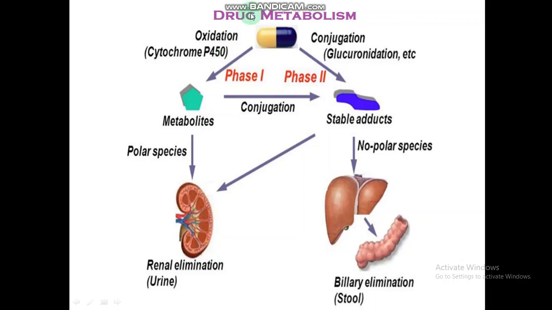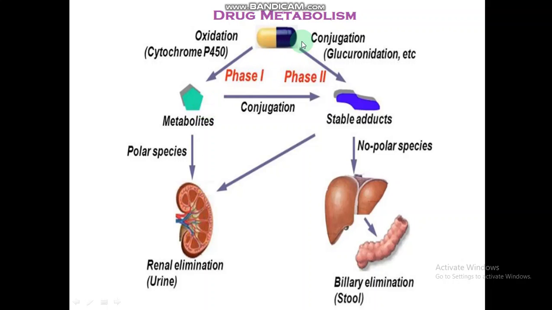Now let's look at what path it will take through drug metabolism. What is drug metabolism? The drug will be oxidized. So it is oxidation of our medicine through cytochrome P450 enzymes. This is phase 1 and we get our metabolite.